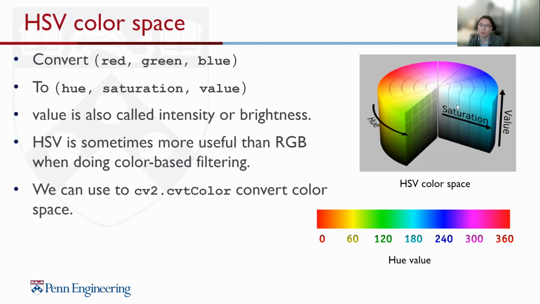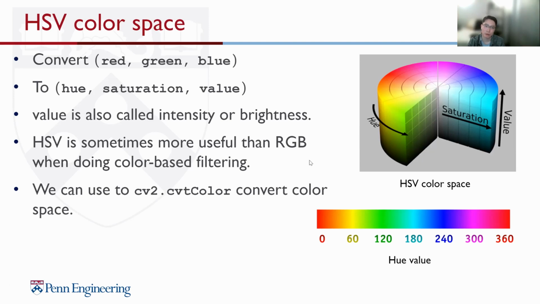If we look at this diagram over here, hue is what kind of color it is. Saturation is how saturated it is. And value is also called brightness or intensity. If the value is 0, it's black. If the value is really high, it means it's as bright as possible. So HSV is sometimes more useful than RGB.